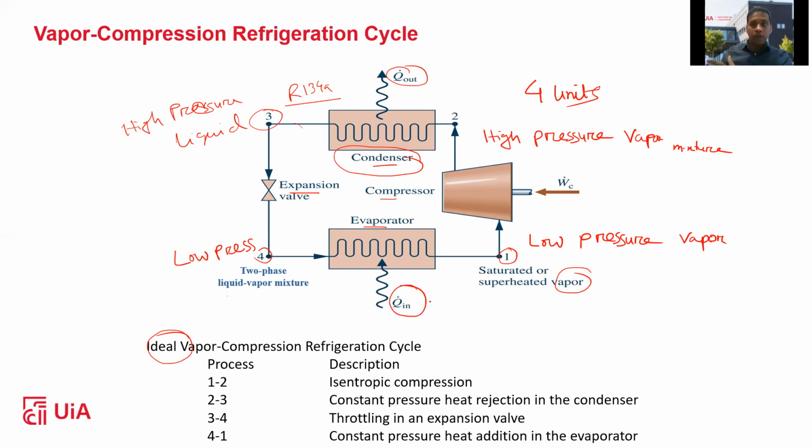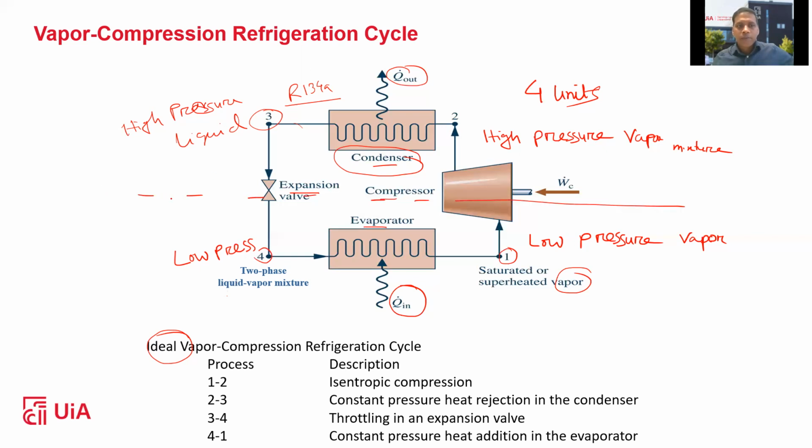For example, at home you have a surrounding temperature of 20 degrees centigrade. So it receives the heat from the surrounding and it starts to evaporate, changing the low pressure two-phase liquid vapor mixture to saturated low pressure vapor completely. And it's repeating again and again. So I can show you this, I can draw a line in here.